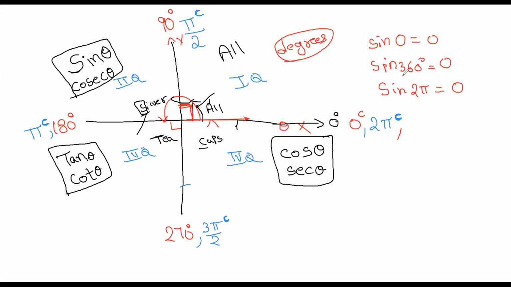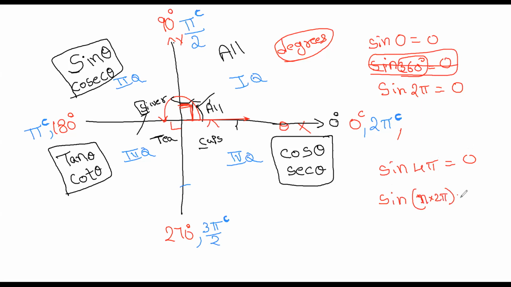So instead of doing it in degrees, now we will proceed with radians directly. What is sine 4 pi? So 0, right? What you can observe is sine of a number n into 2 pi is 0.